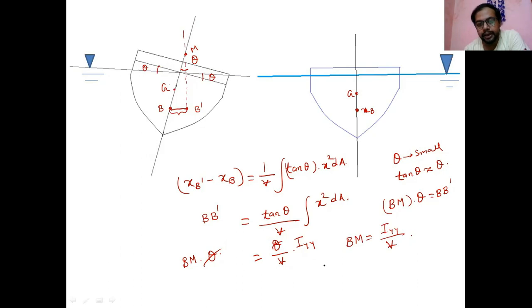BM we can write as GM plus BG, equal to Iyy by V. The most important equation, I'm writing it now.